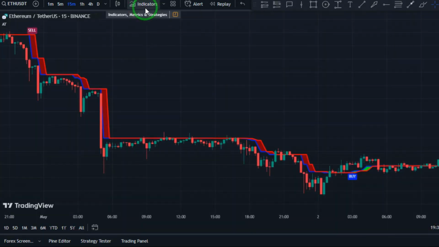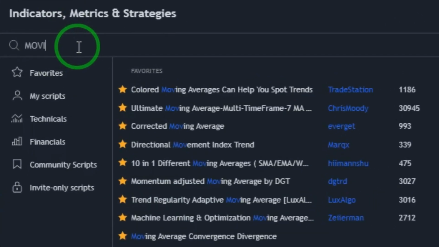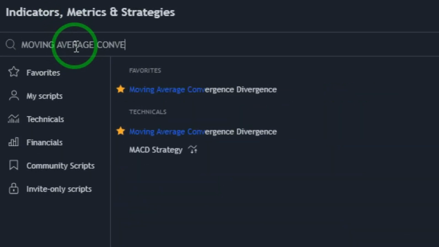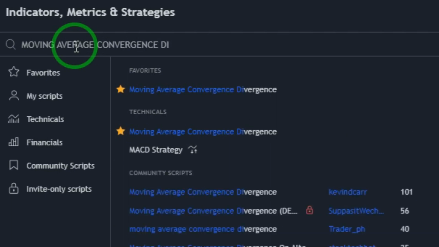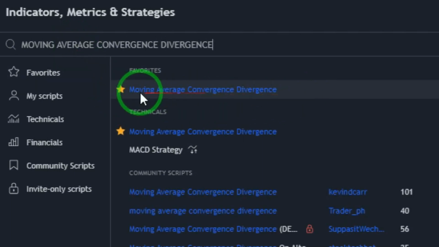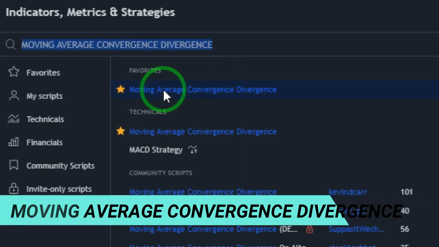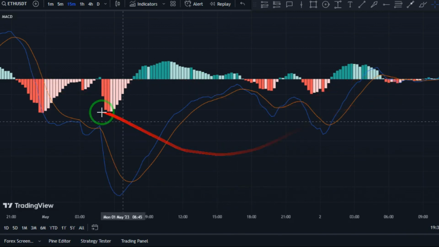To mitigate this drawback, we will incorporate the Moving Average Convergence Divergence, or MACD, indicator as our secondary indicator. We will need to optimize the MACD indicator by adjusting its settings.